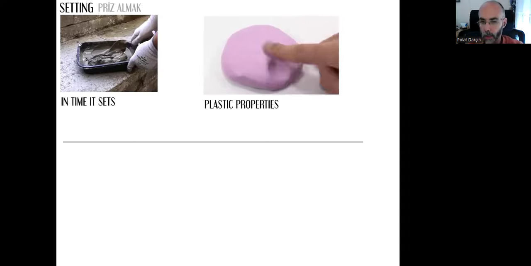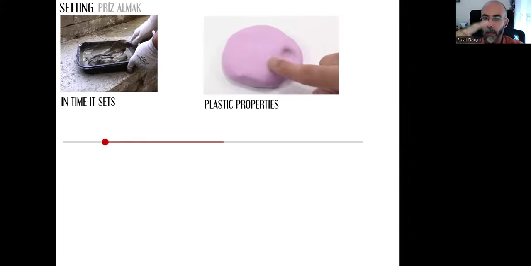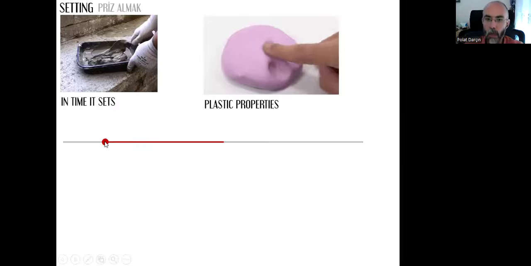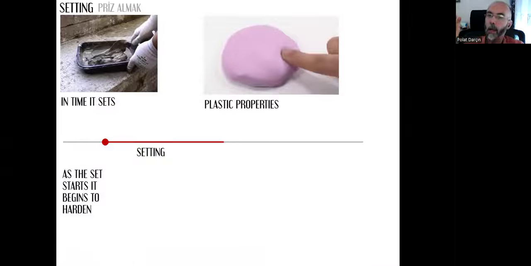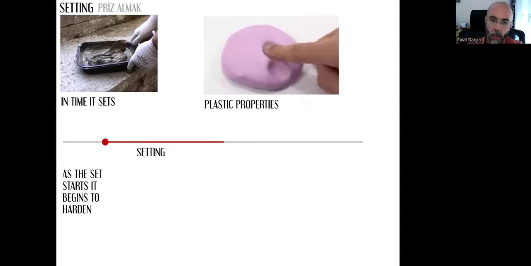Let's imagine that's a timeline, and that's where we put the concrete into molds and where the setting starts. And it will require a certain amount of time. As the set starts, the half liquid state starts to turn into a fully solid state.